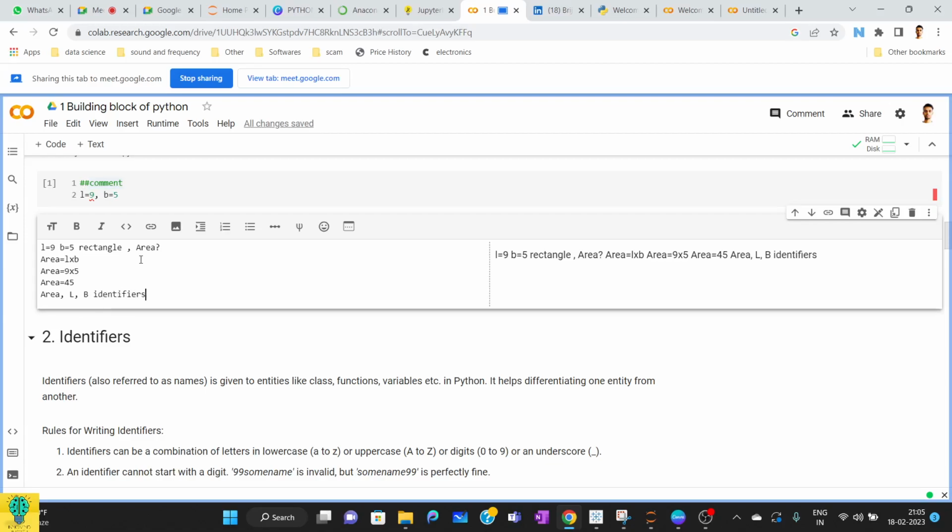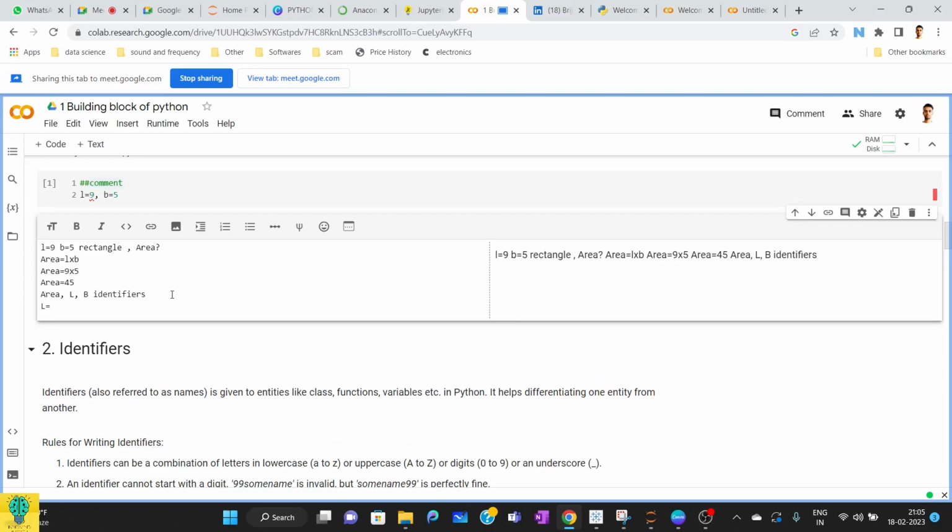Okay, one more important thing. I did it by mistake, but let me tell you. I have written here L is equals to 9 and B is equals to 5 in small letters, and here I have written capital letters. When you go to Microsoft Word, you see case. Case means capital or small letters. So Python is a case sensitive language. Case sensitive means capital L is not equals to small l.